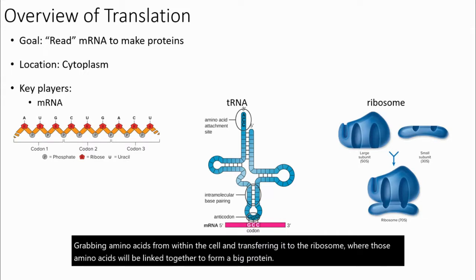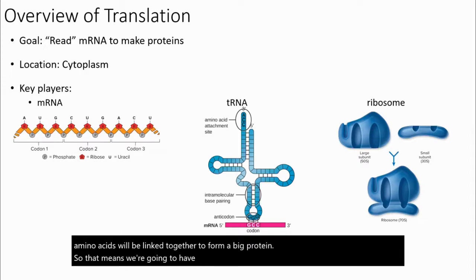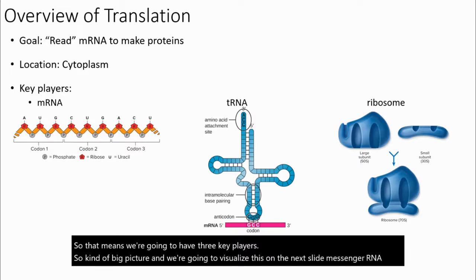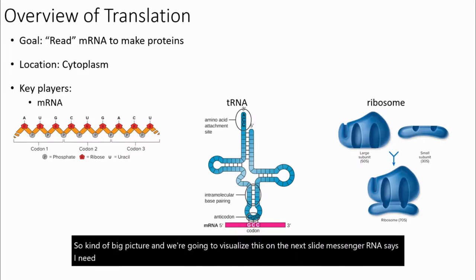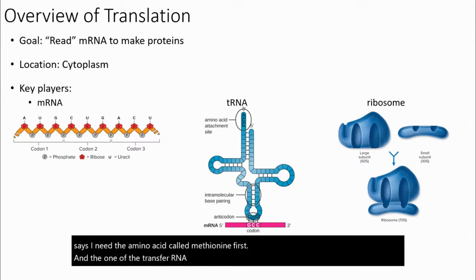So that means we're going to have three key players. So kind of big picture, and we're going to visualize this on the next slide. Messenger RNA says, I need the amino acid called methionine first. And one of the transfer RNAs goes out to the cell, grabs methionine, brings it to the ribosome. Then the messenger RNA says, okay, I need serine second.